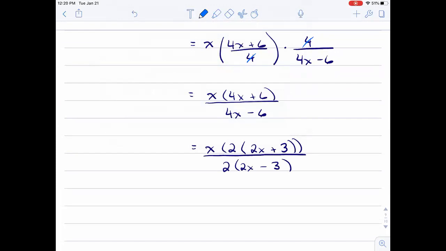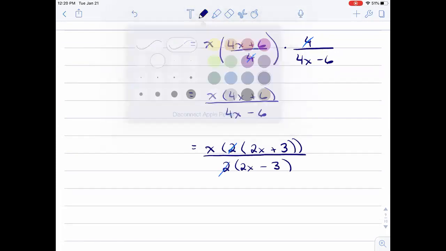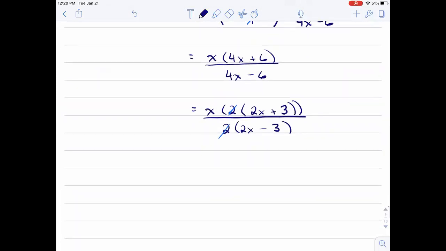Again, because I'm multiplying across, I'm allowed to cancel that 2 out from both the numerator and the denominator. So now x times 2x plus 3 divided by 2x minus 3. There's nowhere else to go.